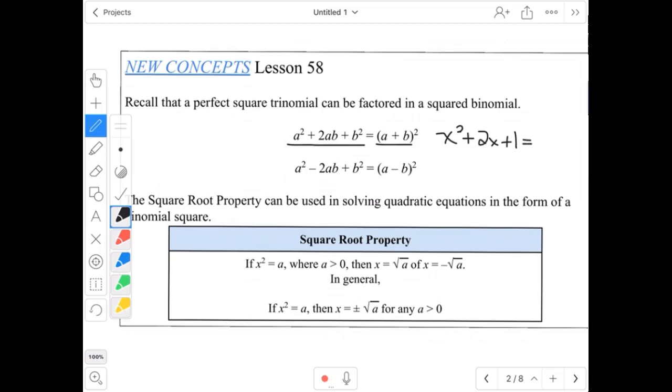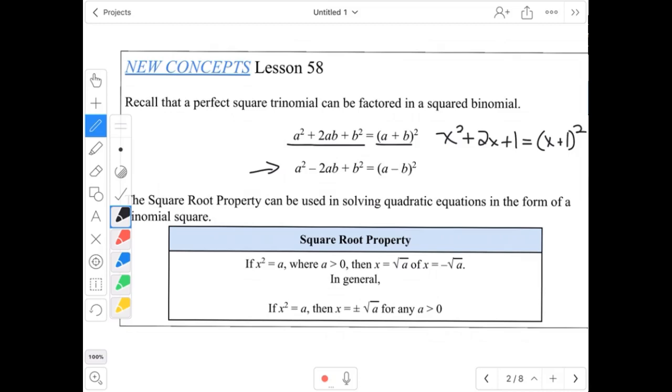We can factor that down into x plus 1 squared. Or vice versa with that second example where we have something to do with a negative. So we could also do x squared minus 2x plus 1, and that would be x minus 1 squared.